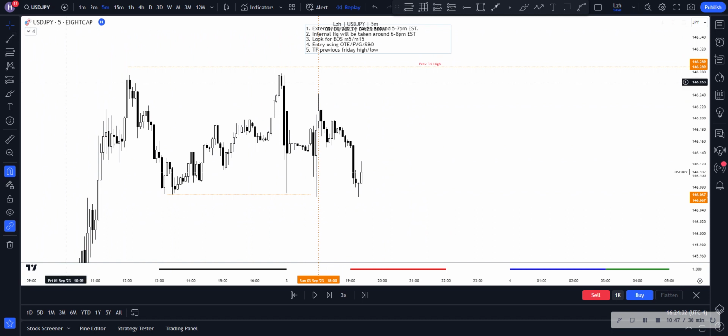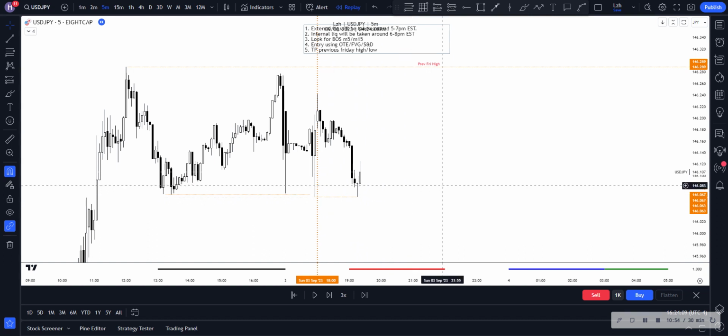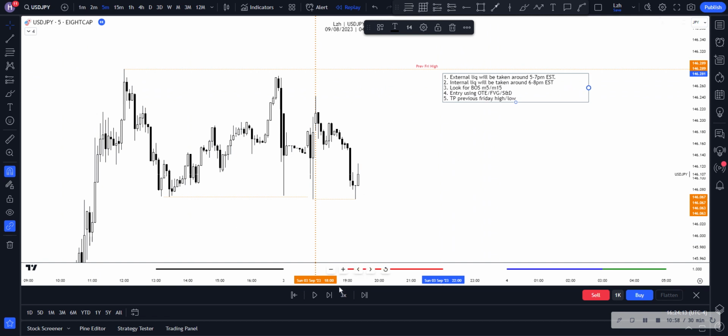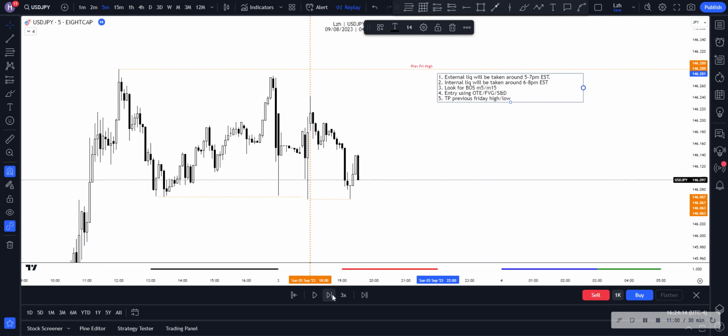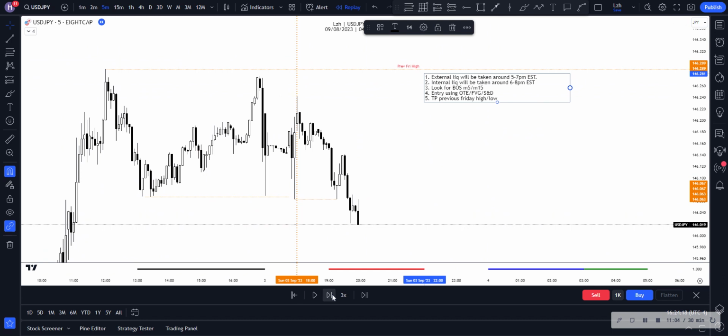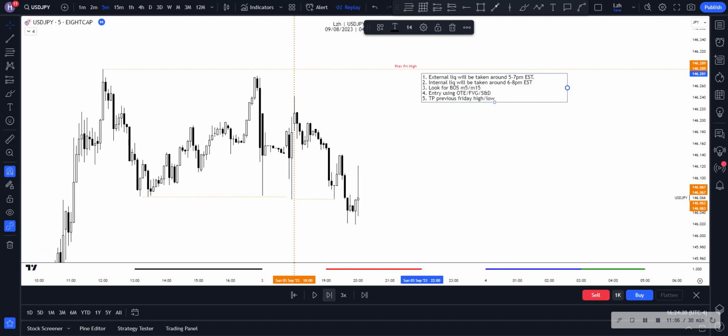So as you can see, price raided another round, which is another liquidation. Still no action yet. We're still waiting for the BOS to happen.